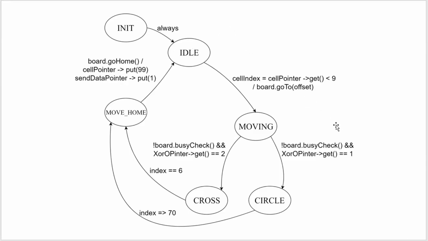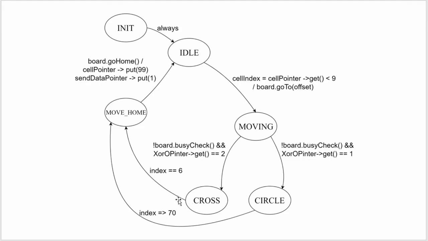Essentially, if the cell pointer is less than 9, because the cells are enumerated 0 through 8, it will then move into the moving state, where it will then transition alternatively into the cross or the circle, depending on the memory location that the pointer points to, whether it contains the X or the O designator as 1 or 2.